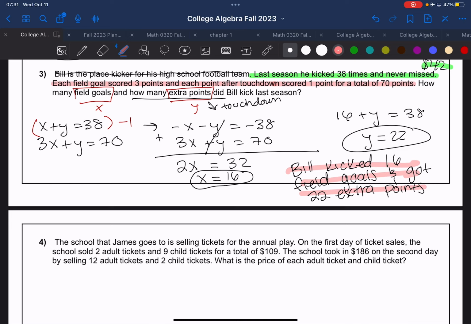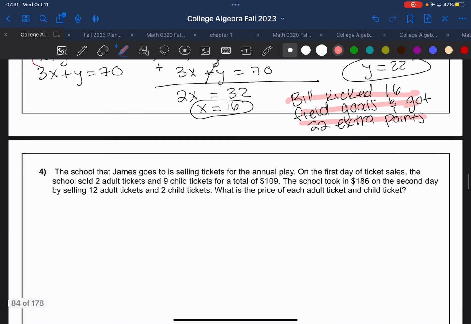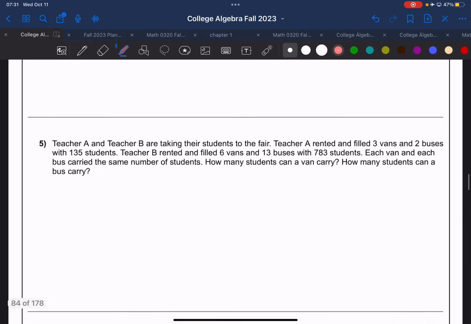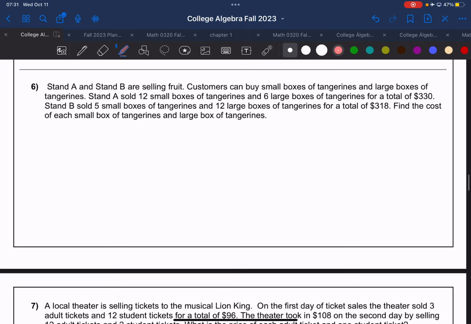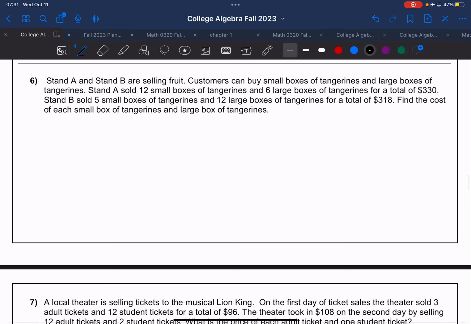Okay. Let's look at number 6. Number 6 says stand A and stand B are selling fruit.